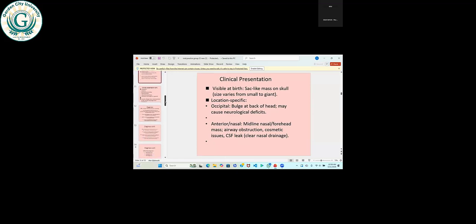With the clinical presentation, it is visible at birth. So you see a sac-like mass or scar. The size varies. It could be small, it could be big. And the location, just like we have said, could be occipital or anterior. Based on where you find the location, the type or classification is given.